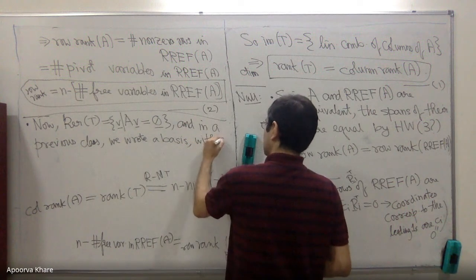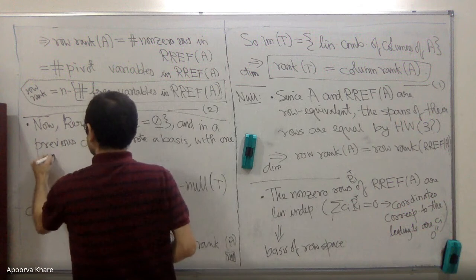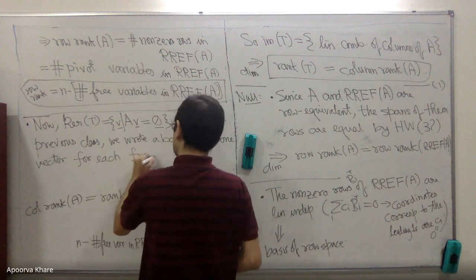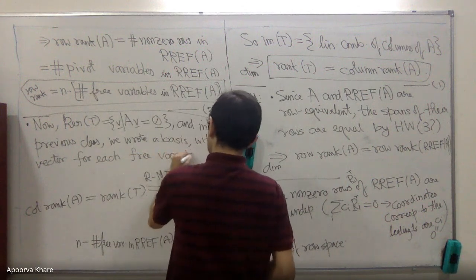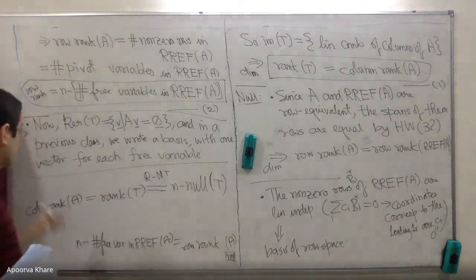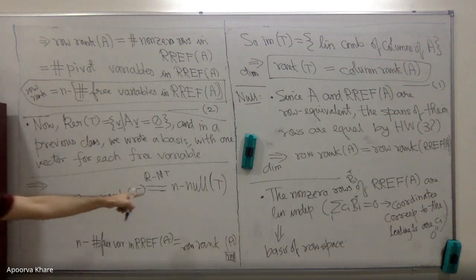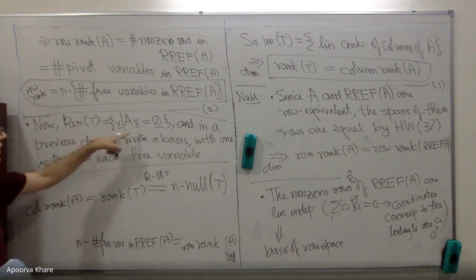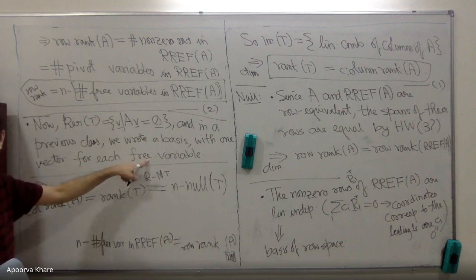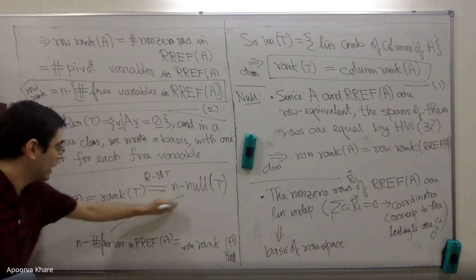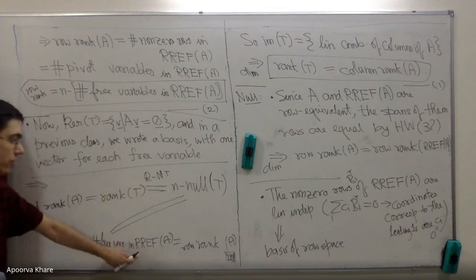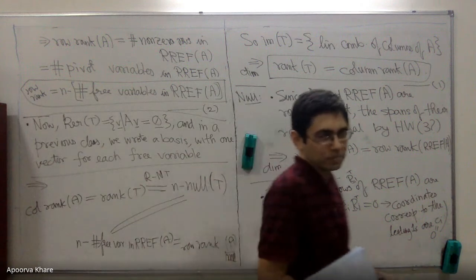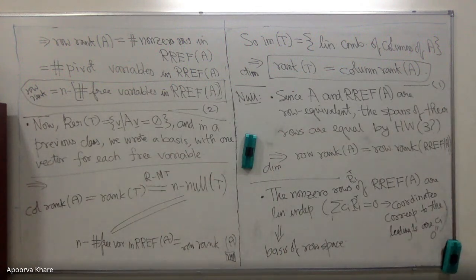Therefore, now we can write this down. It's n minus the nullity of T. But because the basis of the null space is in bijection with the number of free variables, the nullity is equal to the number of free variables. So n minus that equals n minus this, and that is exactly the row rank. And hence the row rank equals the column rank.